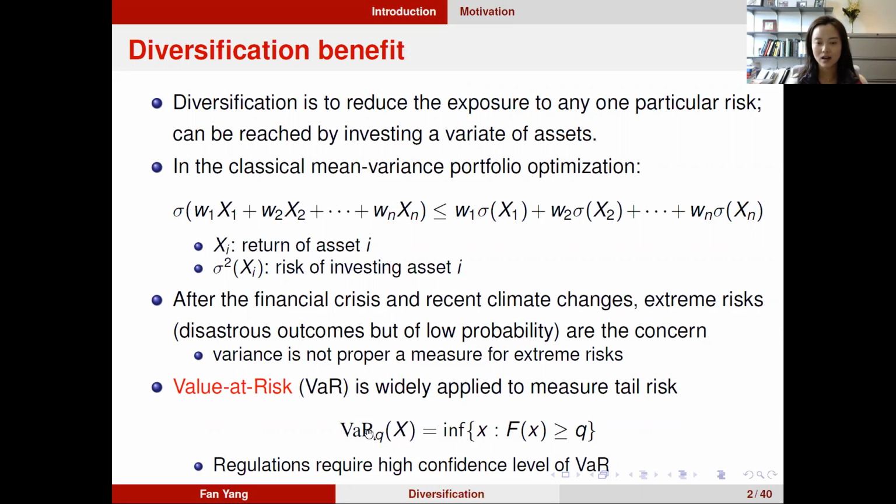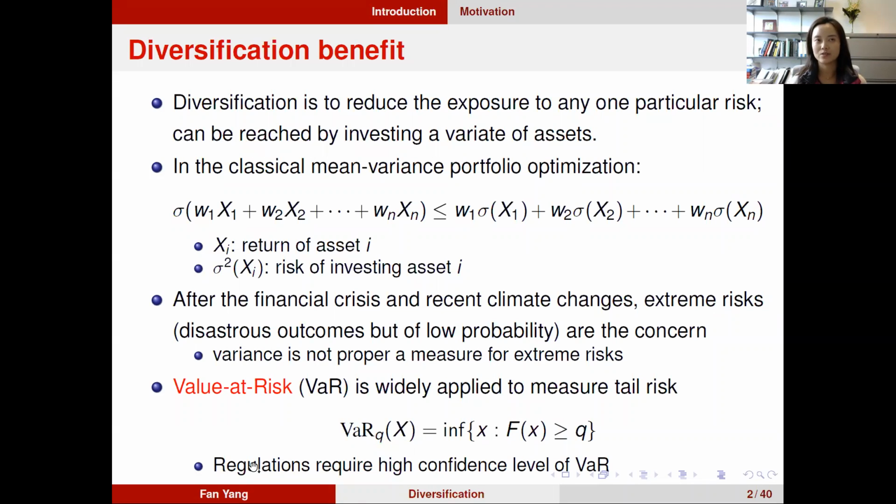VaR, in short, is just a generic quantile of a distribution function, at level q. The VaR tells us how big the loss is at level q.